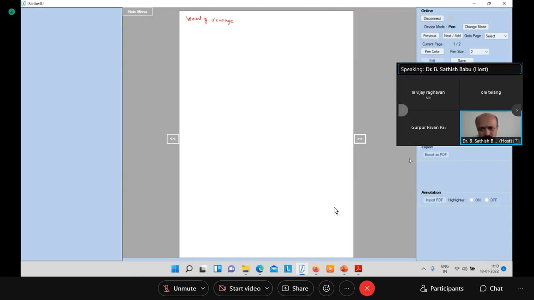Are you able to note down? Yes, sir. I'll just dictate the problem, you note down, and then I'll solve it. So 20 cm cube of sewage sample was diluted to 600 cm cube.